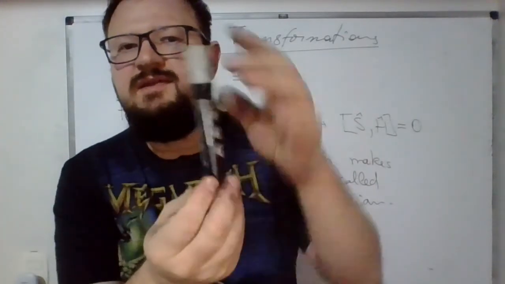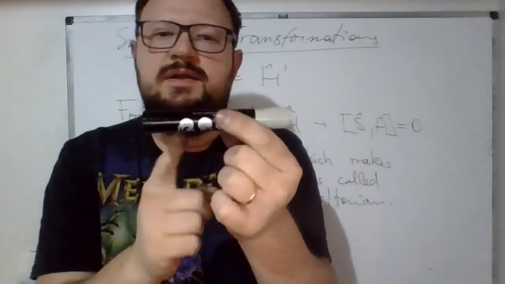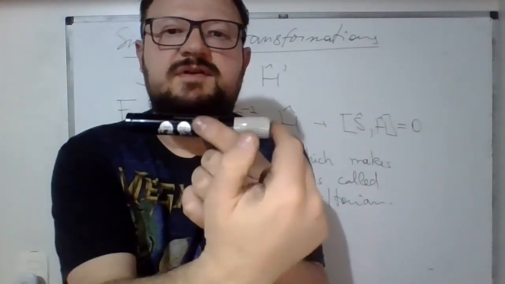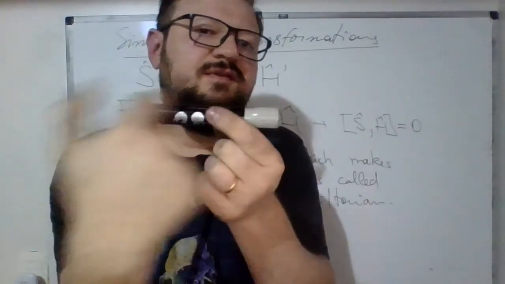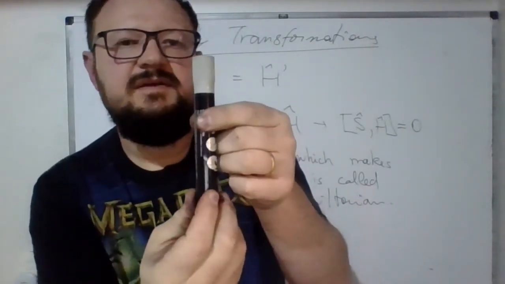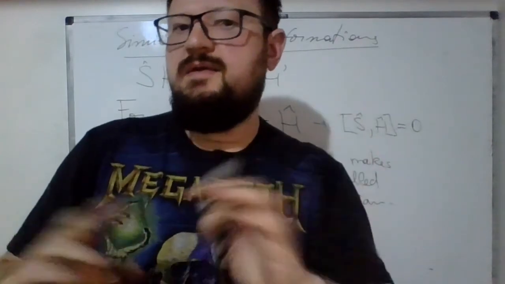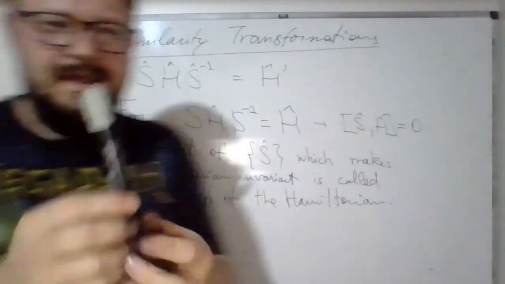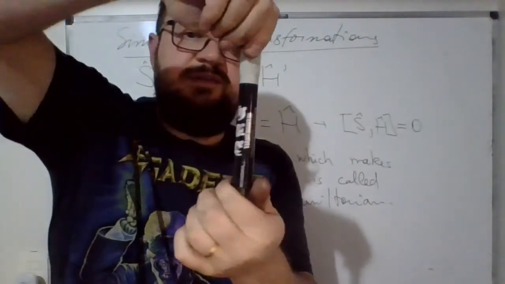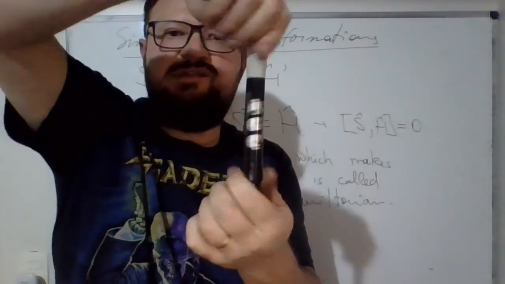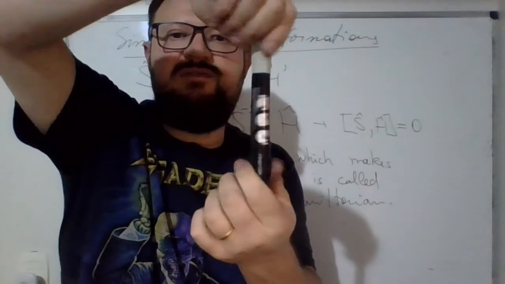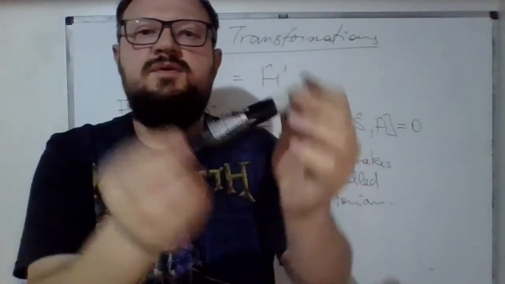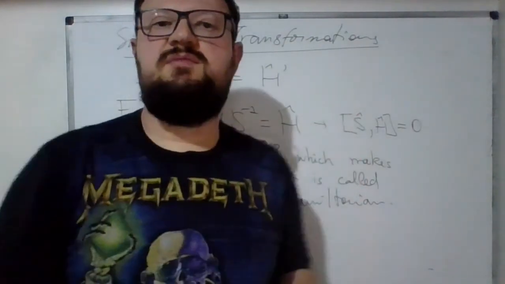But if you rotate this way, you are increasing the potential energy of this point and decreasing the potential energy of that point, and this situation is distinct from that. Considering a gravitational potential, rotating around the z-axis would be a symmetry of the physical problem, but rotating around this axis will not be a symmetry of your problem.